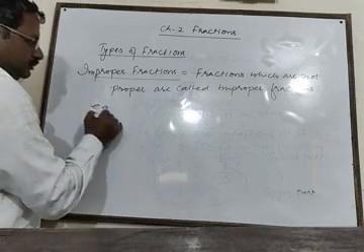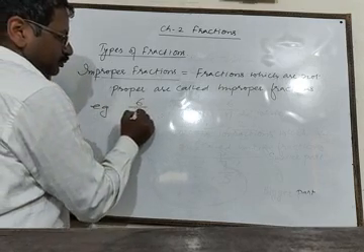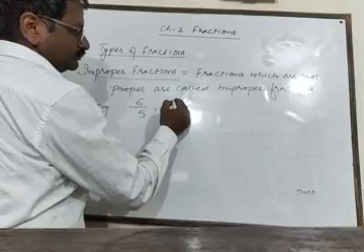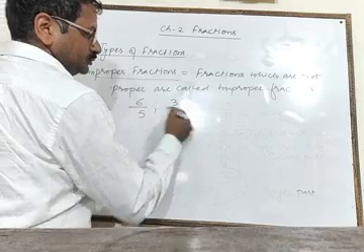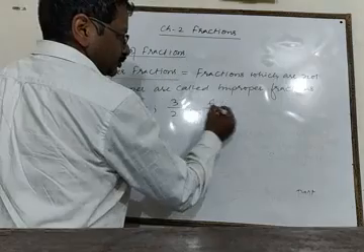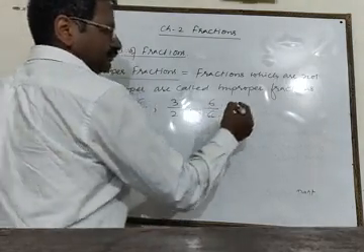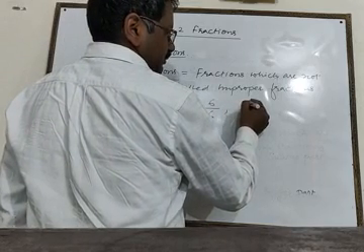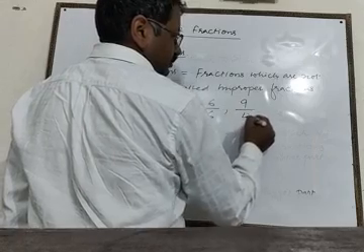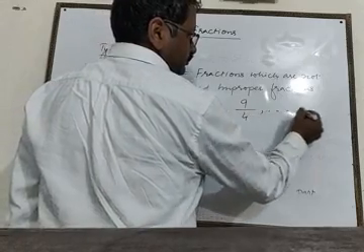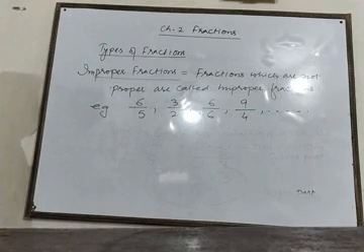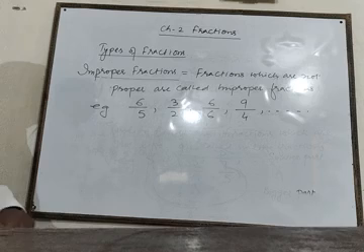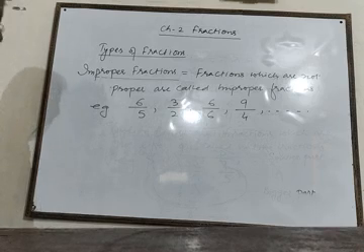For example, 6/5, 3/2, 6/6, 9/4. So these are improper fractions. So remember, only improper fractions can be changed into mixed fraction.